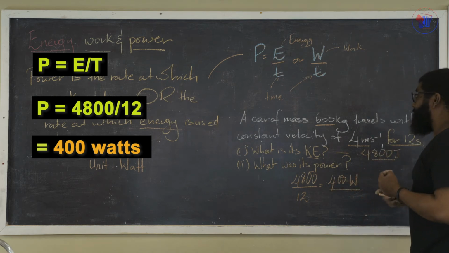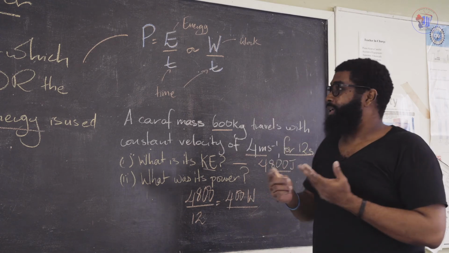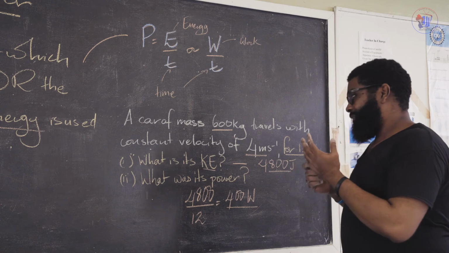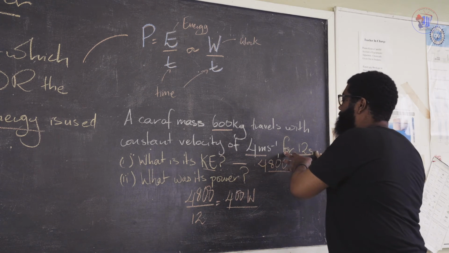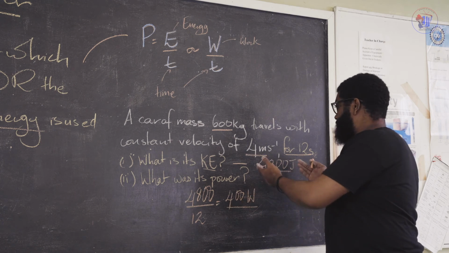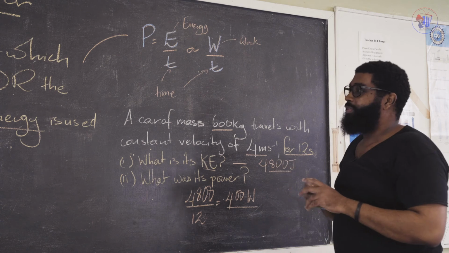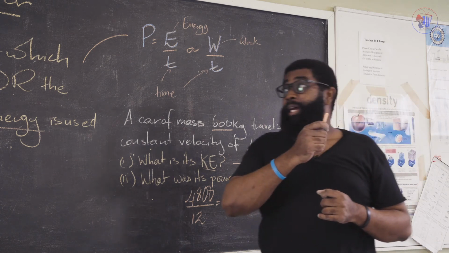This is the power of the car. So as long as energy is used up or work is done, we can have power, and this is a very simple example thereof. For this 12-second period, the power of the car was 400 watts. Also, the kinetic energy of the car again is half m v squared. These are the principles you need to know and remember.